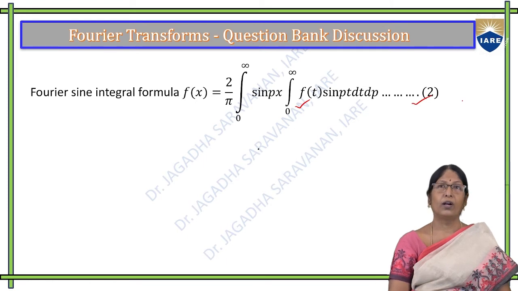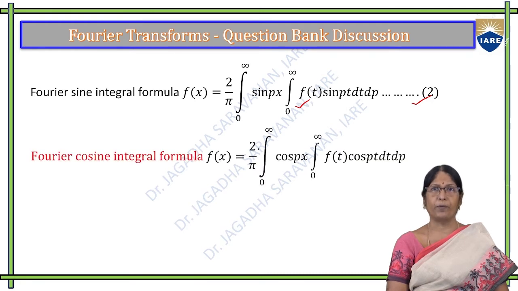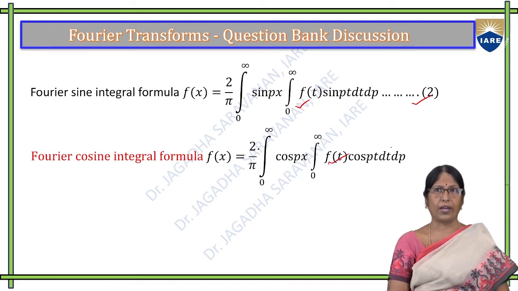So from the sine integral part we obtained the Fourier sine integral formula. In the same similar manner, the Fourier cosine integral formula will be obtained.